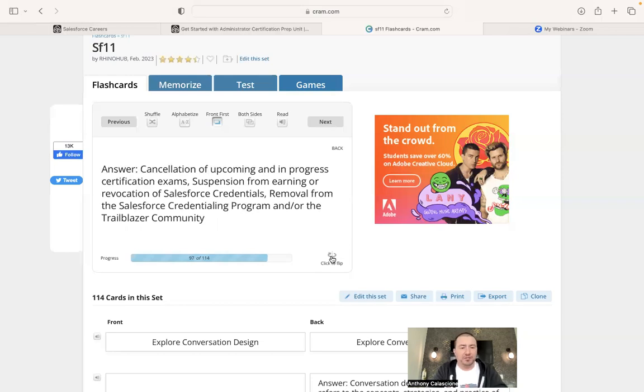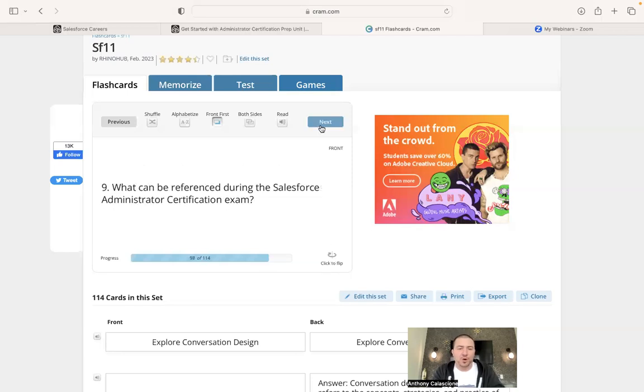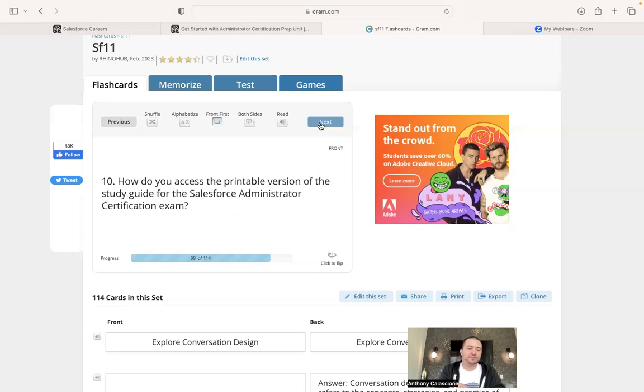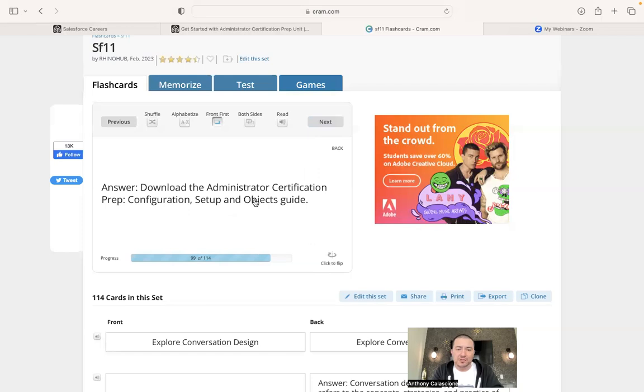Cancellations of upcoming and in-progress certification exams, suspension from earning or revocation of Salesforce credentials, removal from the Salesforce credential program and/or Trailblazer community. What can be referenced during the Salesforce Administrative Certification exam? No hard copy or online materials can be referenced during the exam. How do you access the printable version of the study guide for the Salesforce Administrative Certification exam? Download the Administrator Certification Prep Configuration Setup and Object Guide.